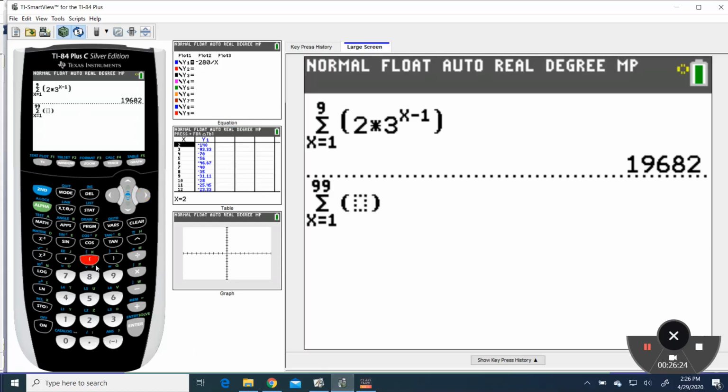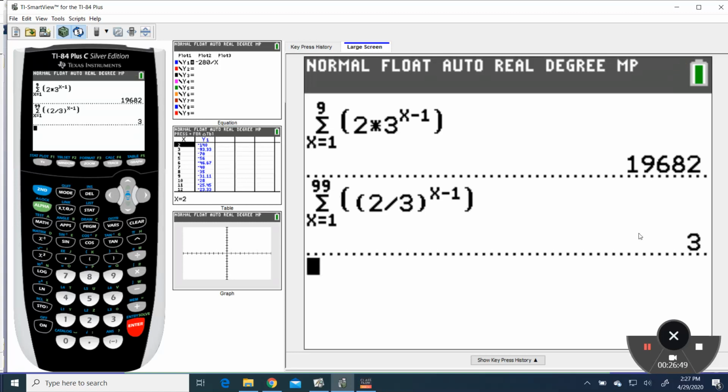So 2 divided by 3 to the x minus 1. And it takes a while to think on this, just so you know. That 99 really is a lot of times for this. I think we decided we could even do like a 19 and you get the same answer. Okay, so there's the 3.